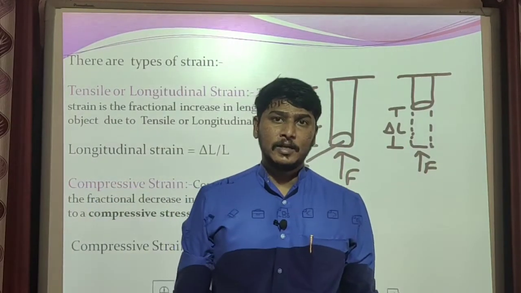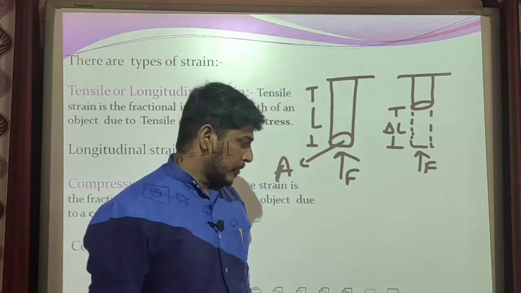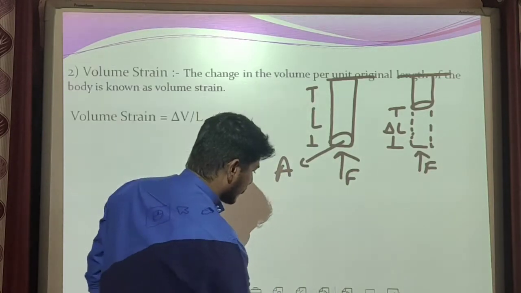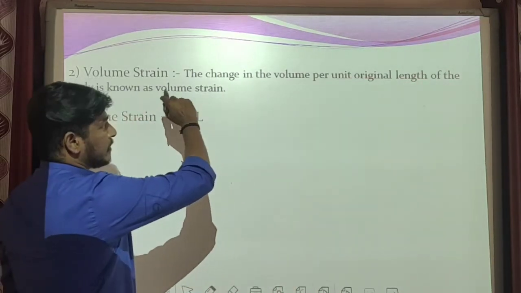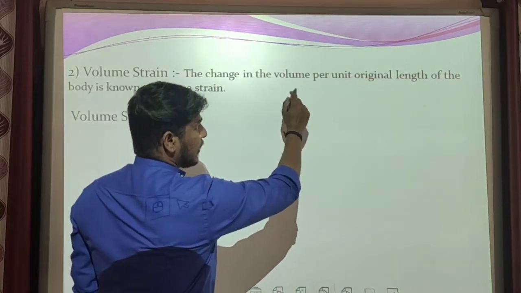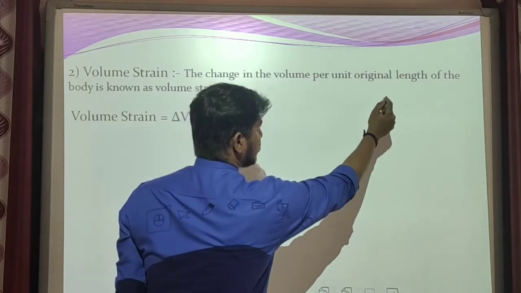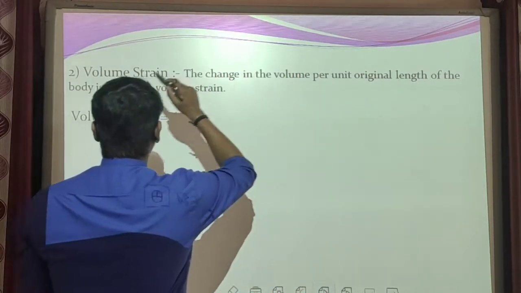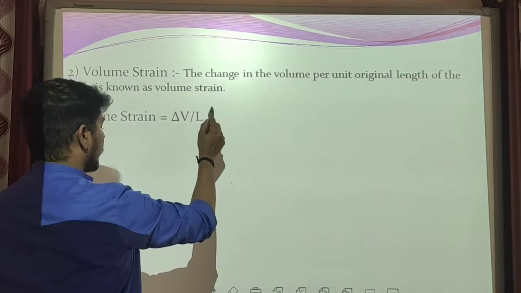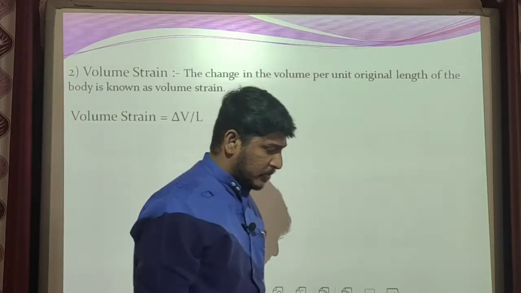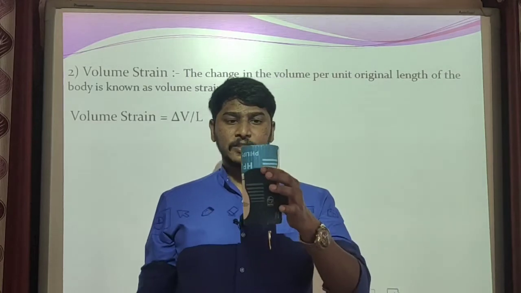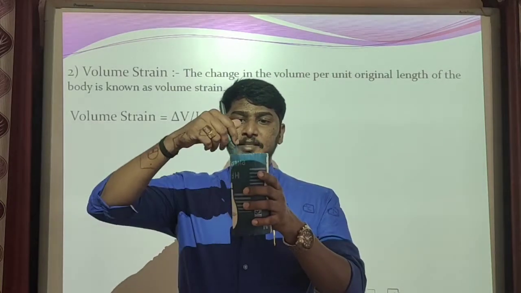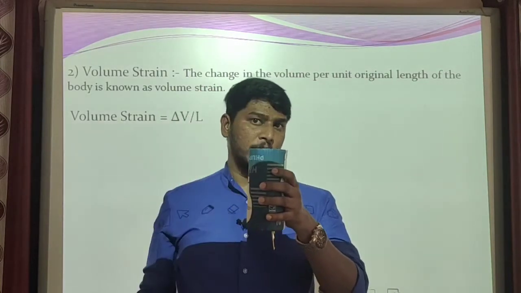Okay, now let us see the next type of strain, that is volume strain. Volume strain is the change in volume per unit original volume of the body. To explain volume strain, we need to take one object with some initial volume V1.